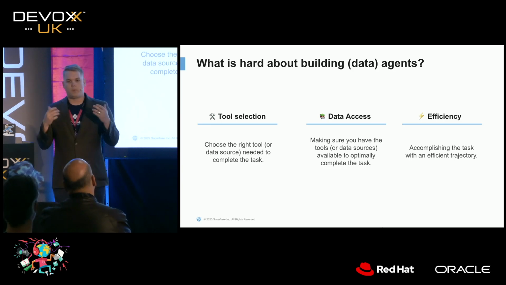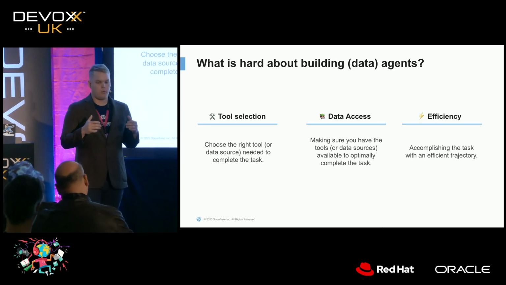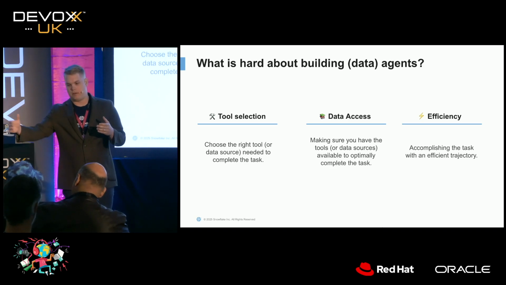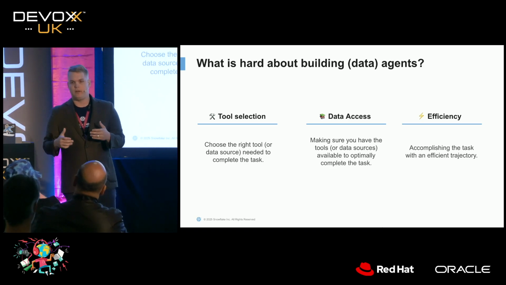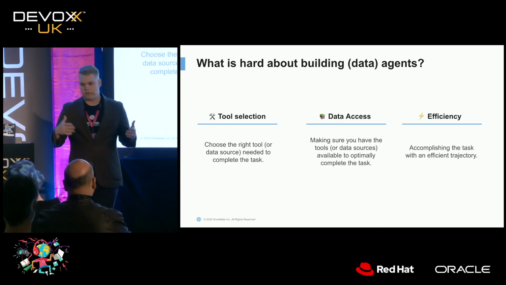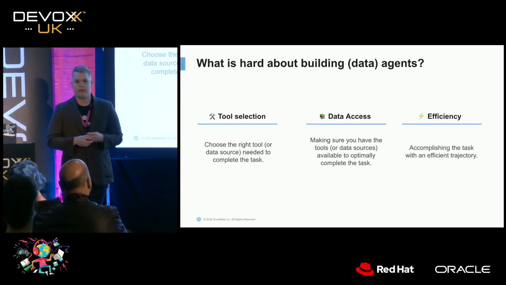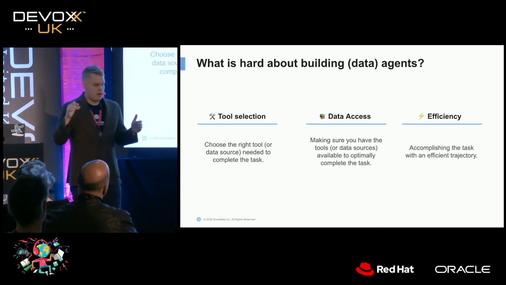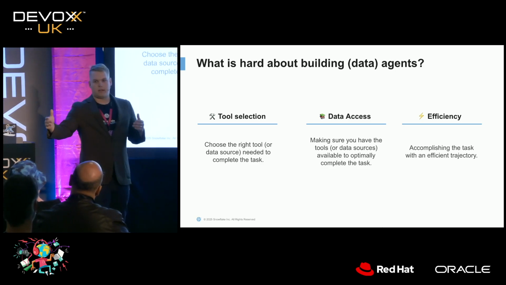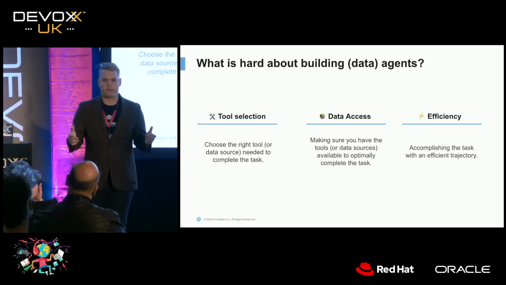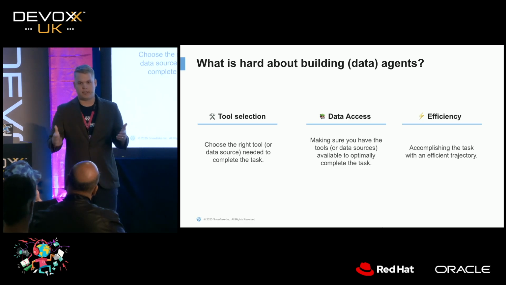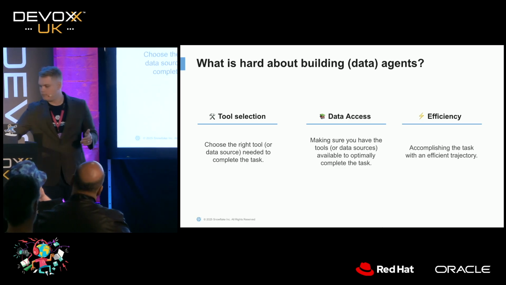When we're building an agent, how do we make sure we can anticipate the needs of the people that ask the agent questions and always have all of the data the agent needs to answer those? And then the last is we want to make sure we're not making a bunch of extra unnecessary API calls or LLM calls, and we can really efficiently complete the task.